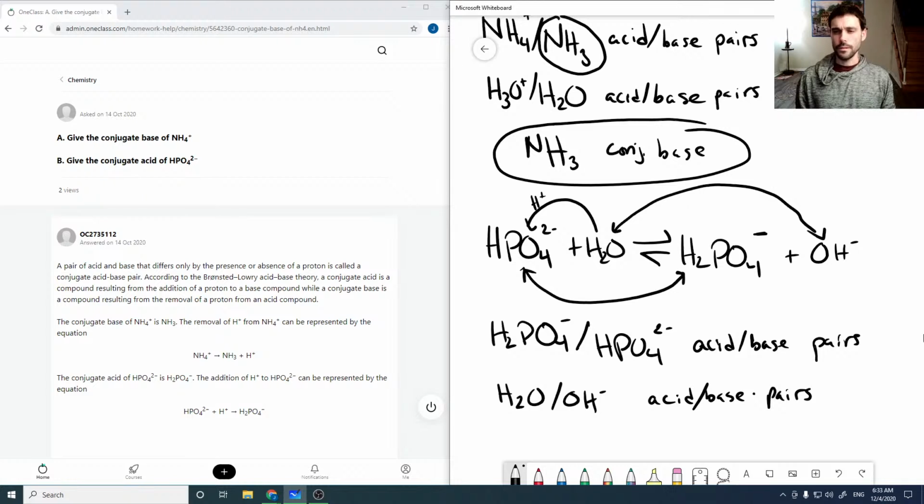Okay, and so we're looking for the conjugate acid of HPO4 2 minus, so that would be H2PO4 minus. So then H2PO4 minus is our conjugate acid.